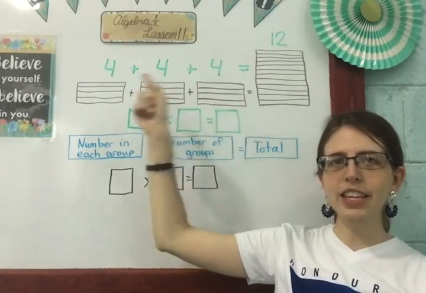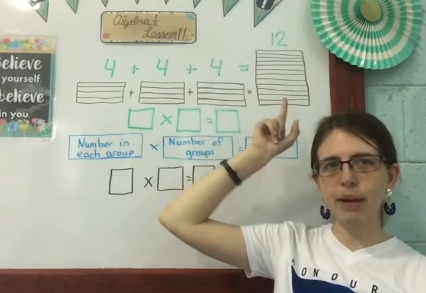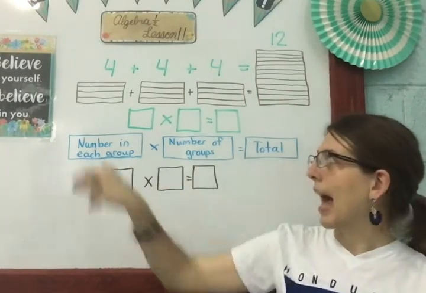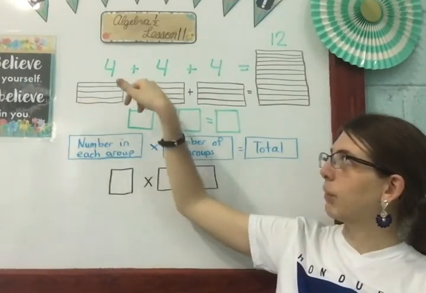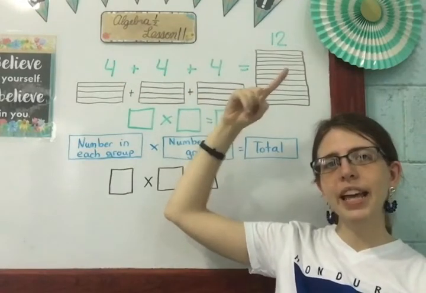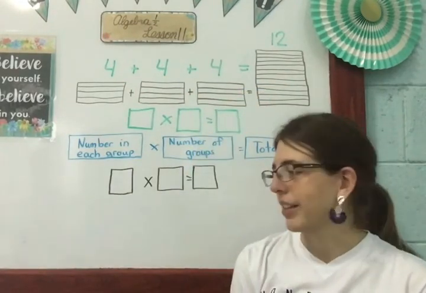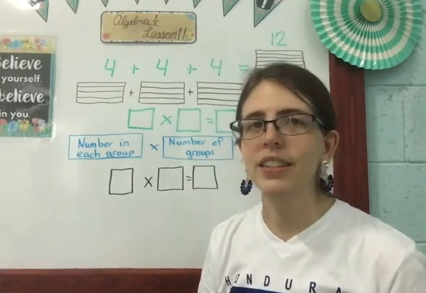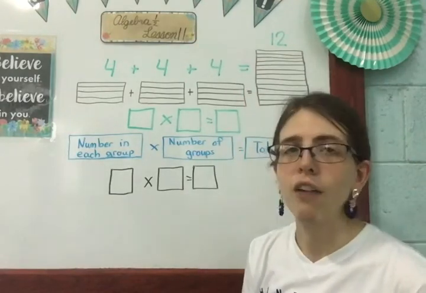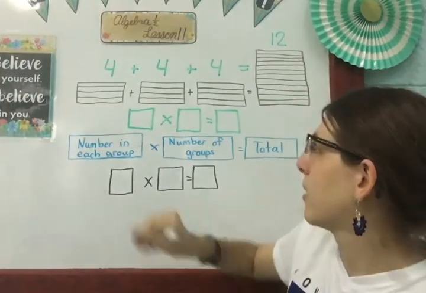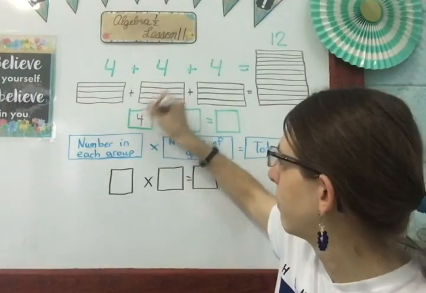I want to add these 3 stacks to get my total. So I can do that by adding, I've got 4 pancakes here, plus 4 more, gives me a total of 12.